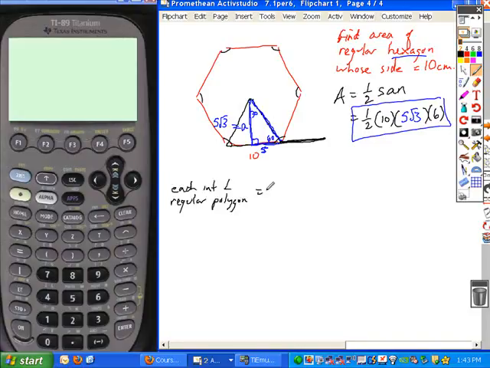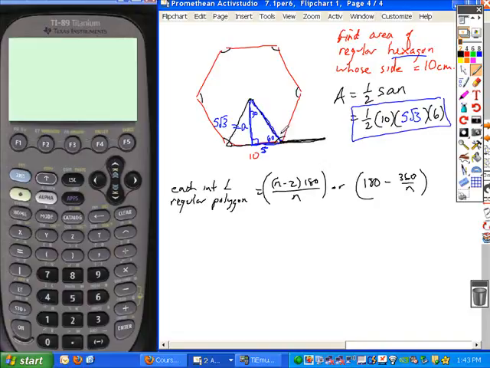One is to use the formula, n minus 2 times 180, the sum of the angles, all divided by n. Or what else could you do? Supplement. Good. You could take the supplement of its exterior angle, 360 over n. So either of these formulas or relationships can allow you to find each interior angle.